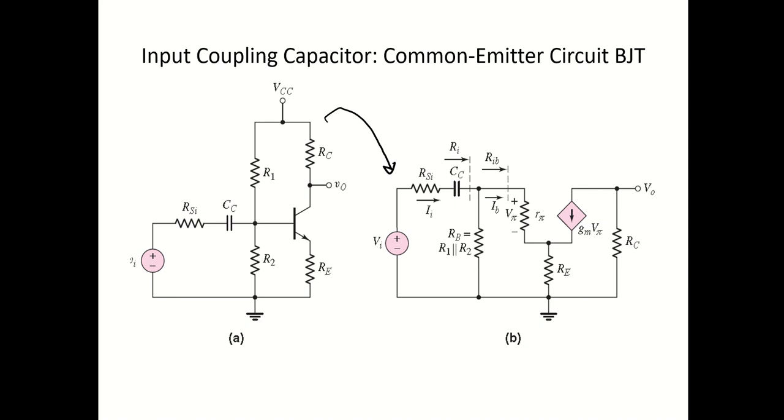In this AC model, the important parameters are R pi and beta, which we can calculate from the DC analysis, which is not the scope here, and these values are provided in your project. So you can use this. This circuit can be converted to this one.